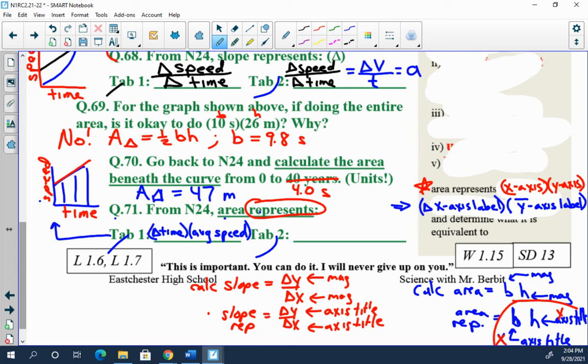Table 2 also comes from the same set of axes. So it's going to be the exact same thing, except we're a little better at this now. So why don't we actually try to write this in symbols?